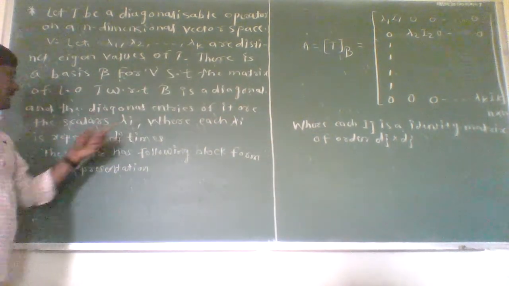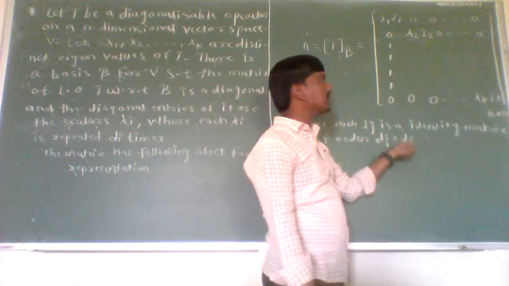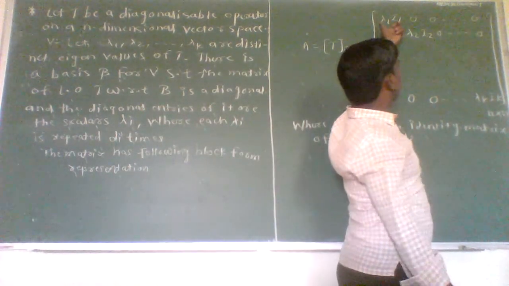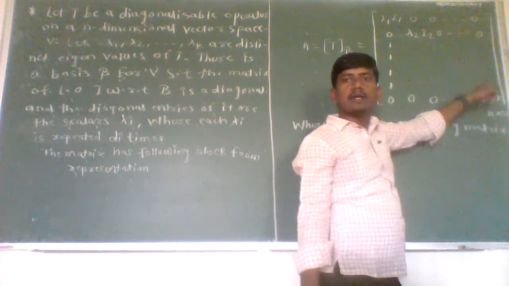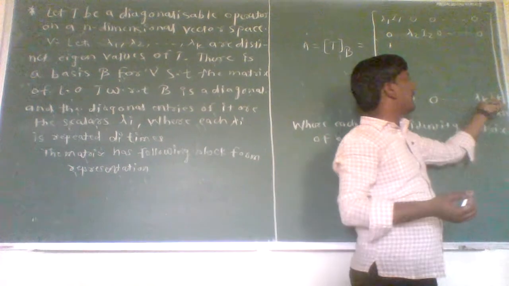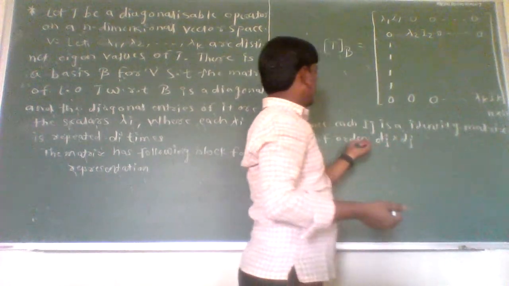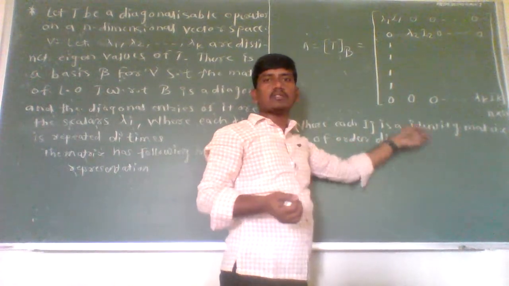Since each lambda i is repeated di times, lambda 1 is repeated d1 times, lambda 2 is repeated d2 times, similarly lambda k is repeated dk times, its corresponding identity matrix is of order dj cross dj.